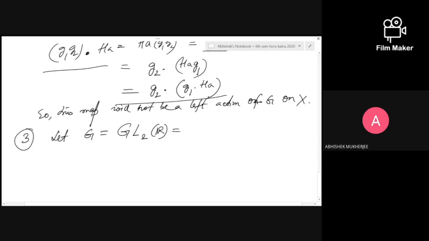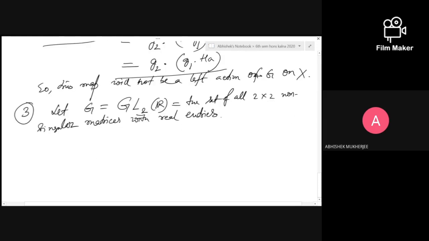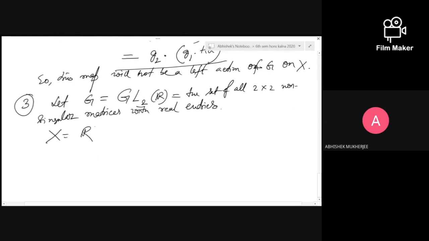It is the group of all 2 cross 2 non-singular matrices with real entries. This is the group. And what is the set? The set is the plane R2.